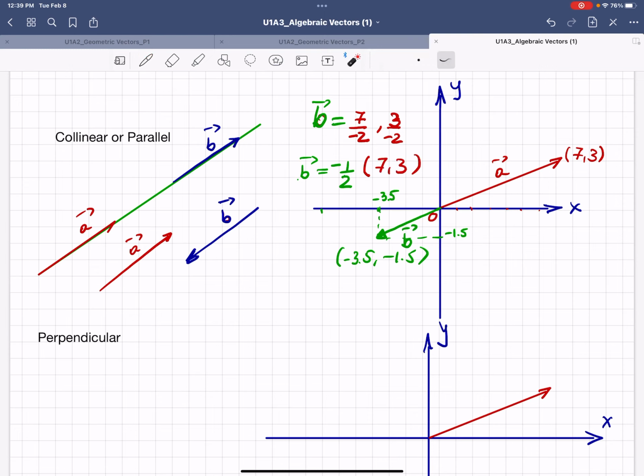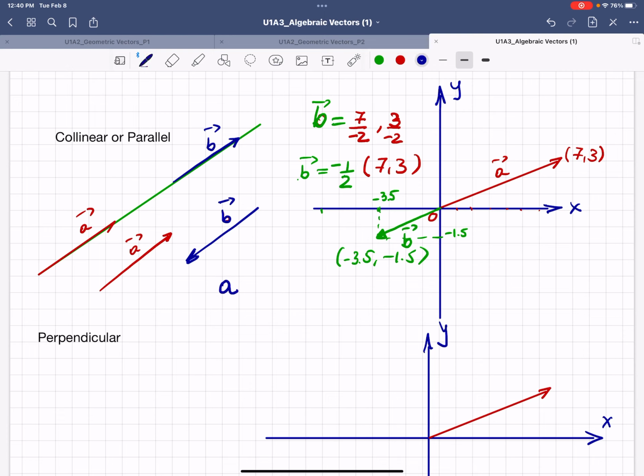So we're going to say that vectors A and B are collinear because they can be expressed as scalar multiples of each other. This applies for two vectors that are parallel to each other. So in general, if two vectors are parallel or collinear, it means that we can express them as scalar multiples of each other.